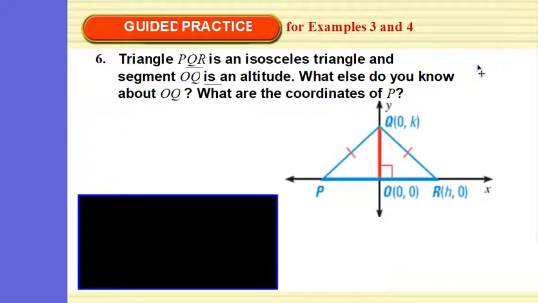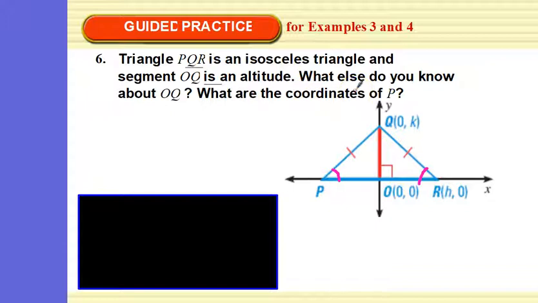Triangle PQR is an isosceles triangle, and segment OQ is an altitude. What else do you know about OQ, and what are the coordinates of P? It says that this is an altitude, and it says it's isosceles. Well, if it's isosceles, then the base two angles are equal, base angles theorem, right?